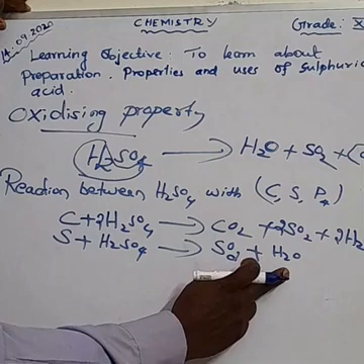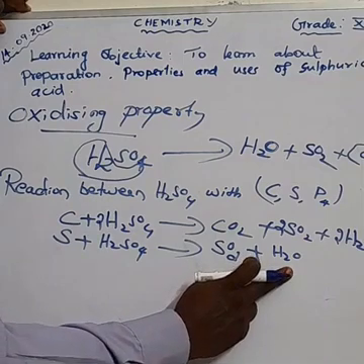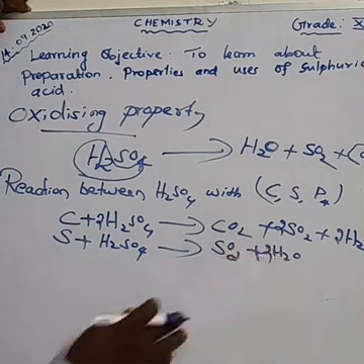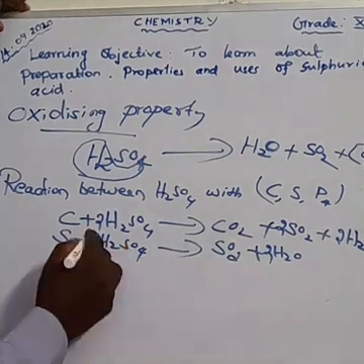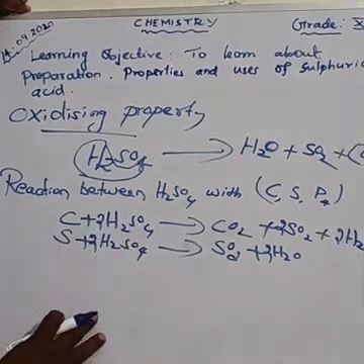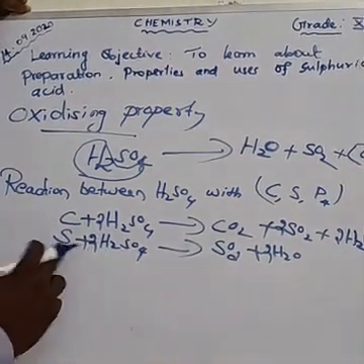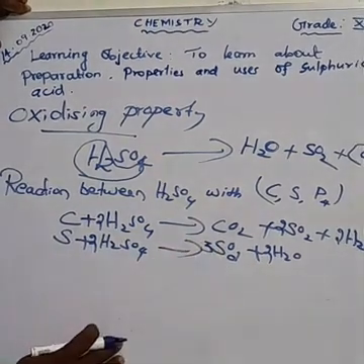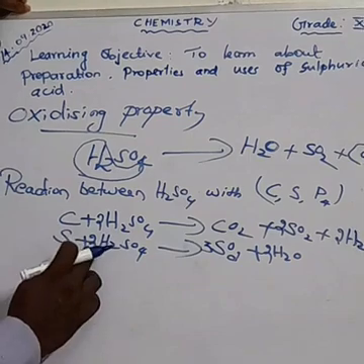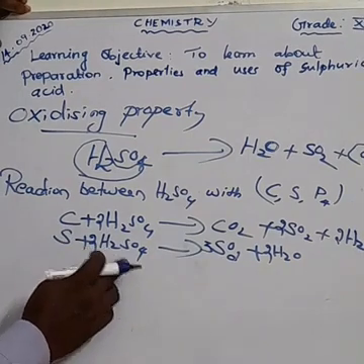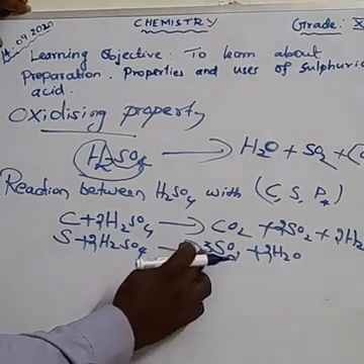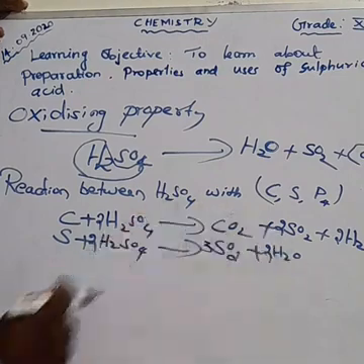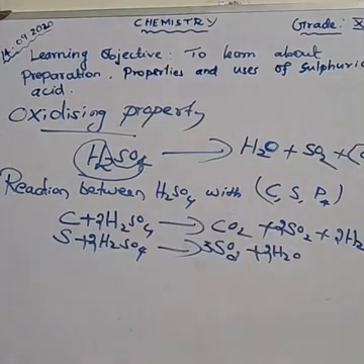Here the oxygen atom is singly occupied, so make it 2 here. Now what about sulfur? 2 plus 1 is 3. Am I right? So 3 SO2. Now how about oxygen? 2 2s are 4 oxygen. 2 4s are 8. Am I right? So here 3 2s are 6, 6 plus 2. Oxygen is also balanced.